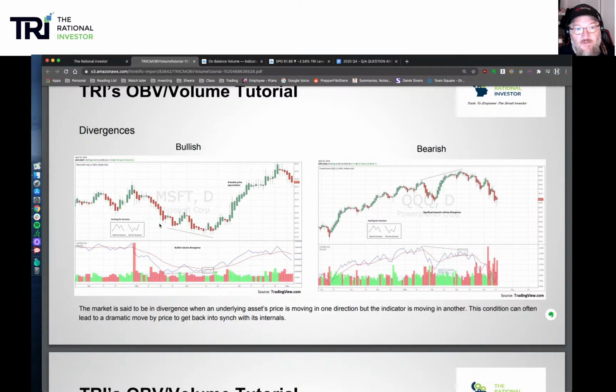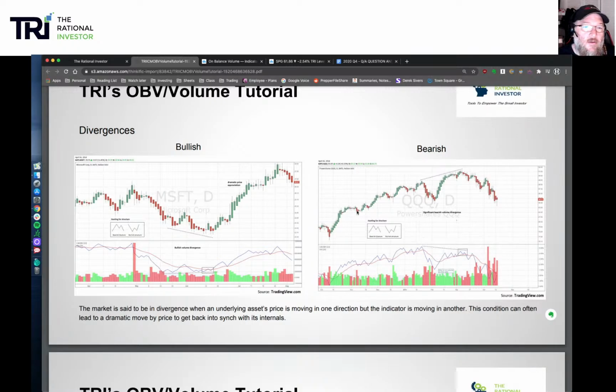So bullish, the pressure comes from underneath. So we're looking at bottoms, we're looking at lower lows in price, higher lows on the indicator. With bearish divergence, we're looking at higher highs on price, lower highs on the indicator. I think I misspoke there.